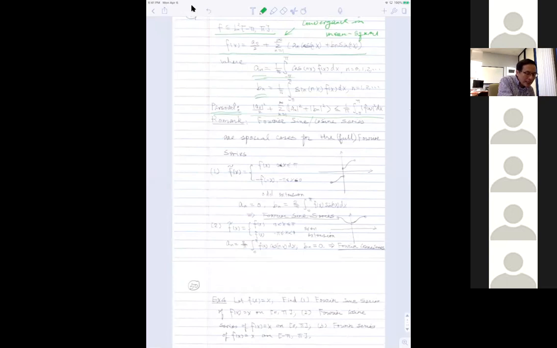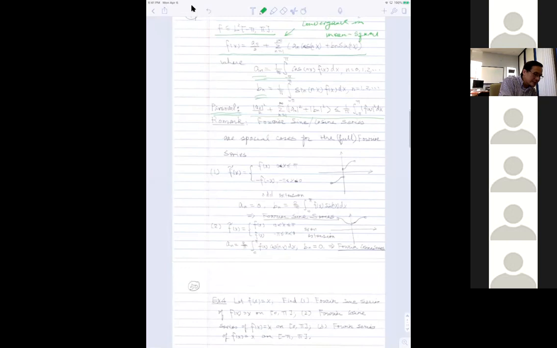The point is that actually all of those are consistent with each other. If you examine it more carefully, that is what this remark is about. Now, let's look at the Fourier sine series.